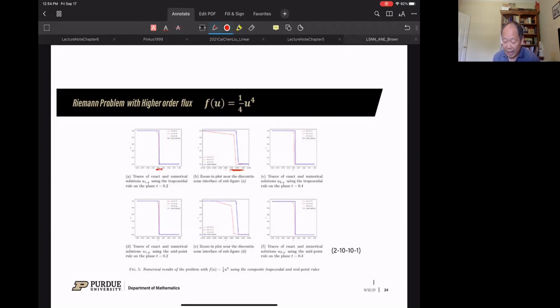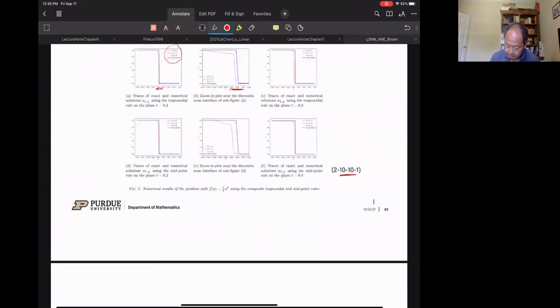If you use higher order, and here we present three different orders, the highest order is an almost perfect match. This is at different times. Because the solution structure is very simple, we are using a very small network.